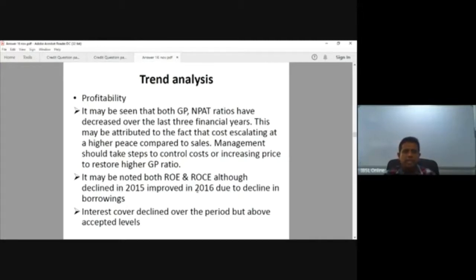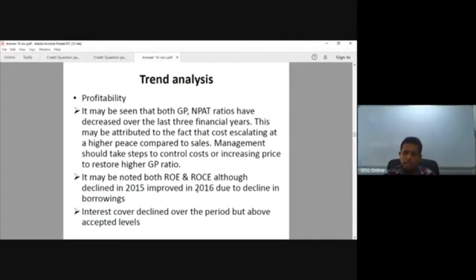Management should take steps to control cost or increase price to restore a higher GP ratio. There are two options. Either you have to increase your sales prices or you have to decrease your cost. The first option I won't recommend, because when you increase your sale prices, your sales will drop.